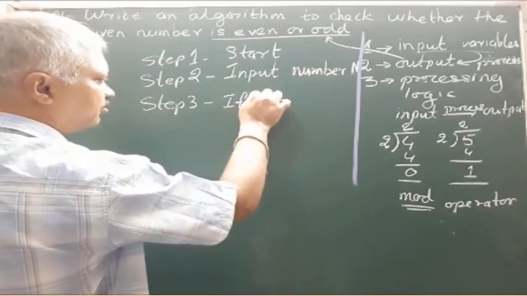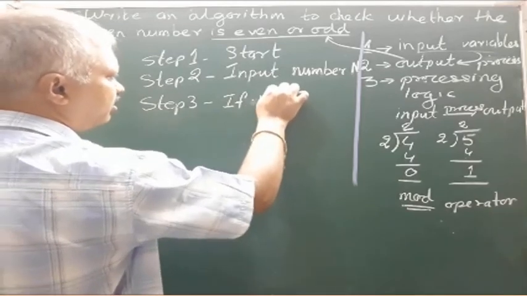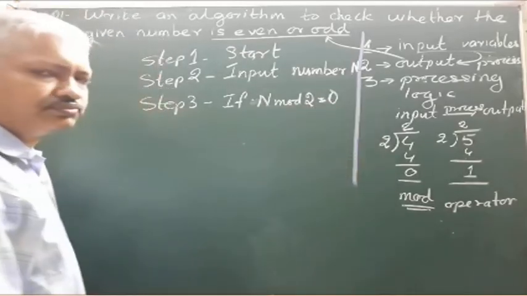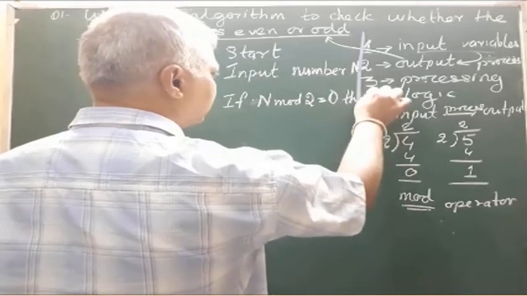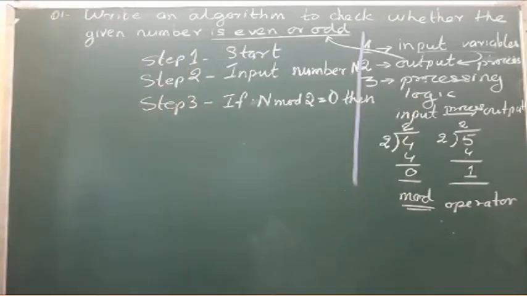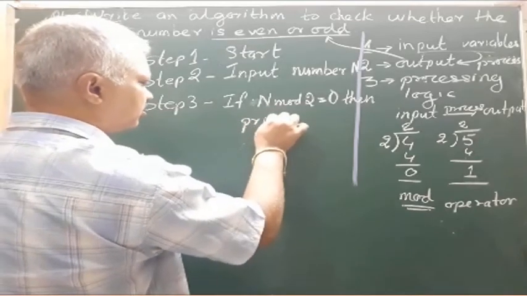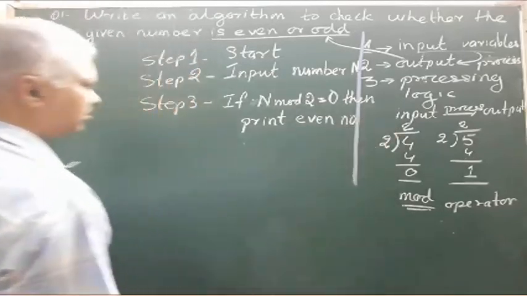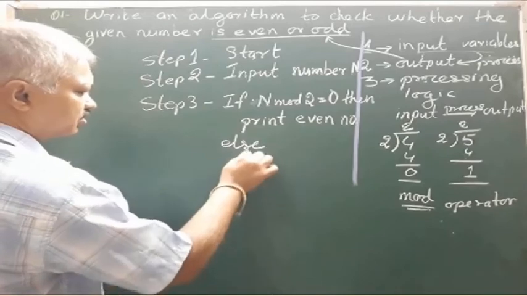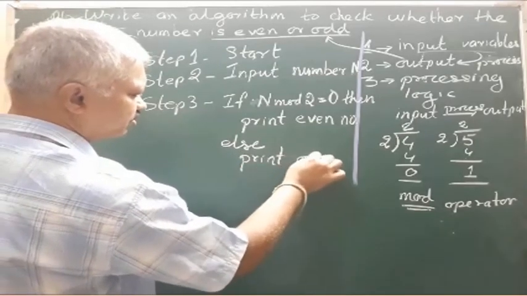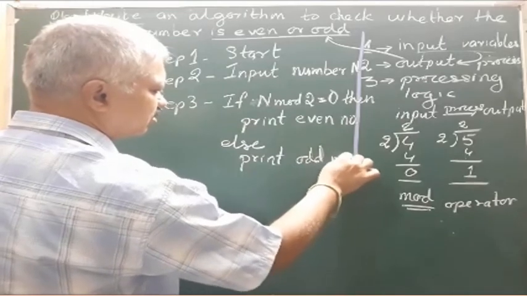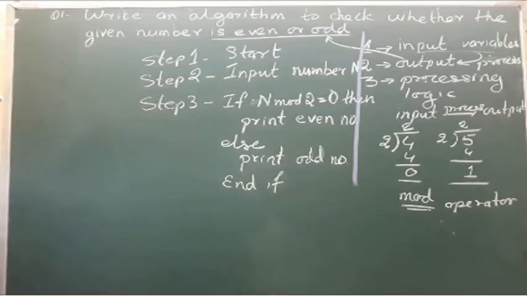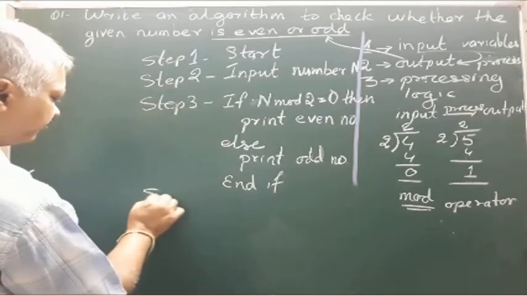If n mod 2 equal to 0, then print even number, else print odd number, and if. So we have done this one, step 4.